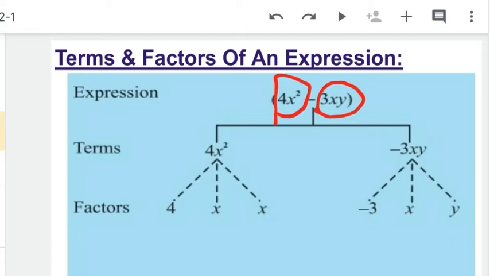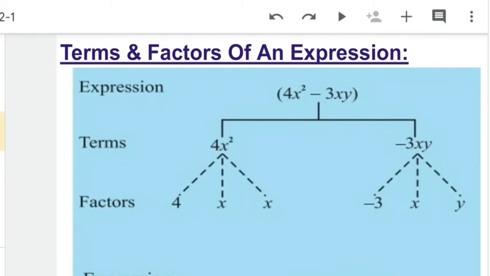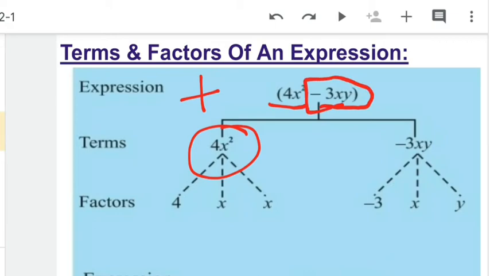Now the second important part is that we also have to focus on their sign. With 4x square we have a positive sign, so it will be written as only 4x square. Whereas with 3xy we have a negative sign. So our second term is negative 3xy.